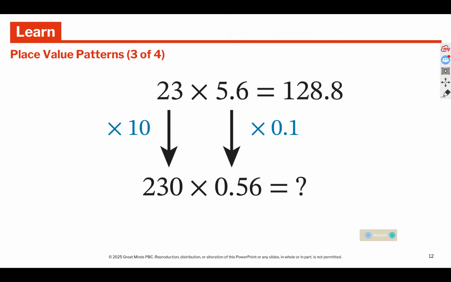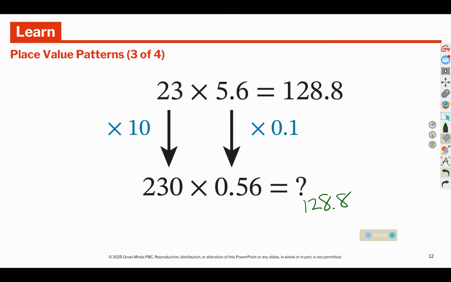So here it says 23 times 5.6 is 128.8. They've multiplied this one by 10 to make it larger, but they've multiplied this one by a tenth to make it smaller. If this place value goes up by 10 and this place value gets broken down by 10, those two things counteract each other and we end up with the same result.